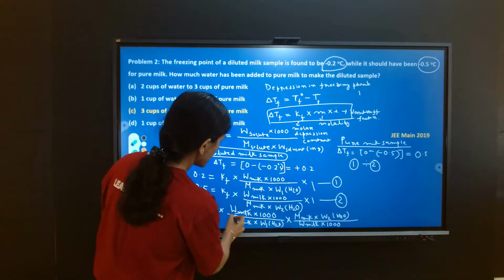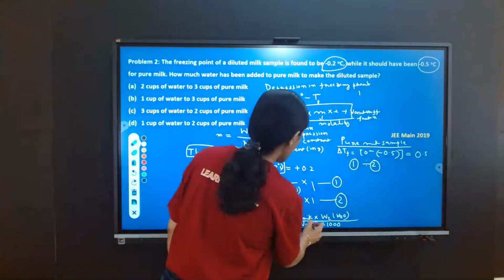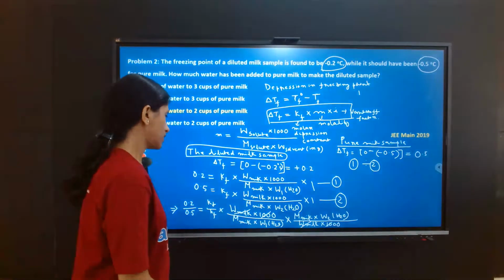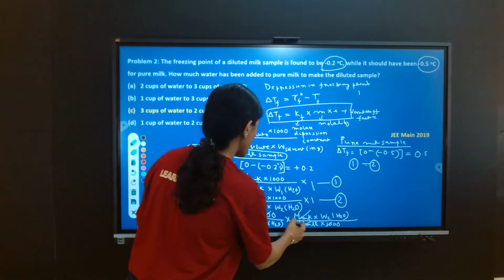So you can see from here they will cancel out, and W milk will also get cancelled out.